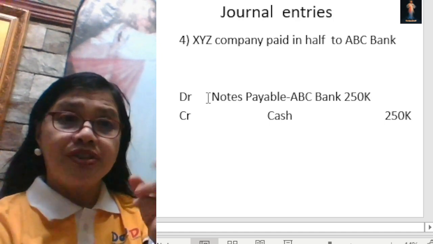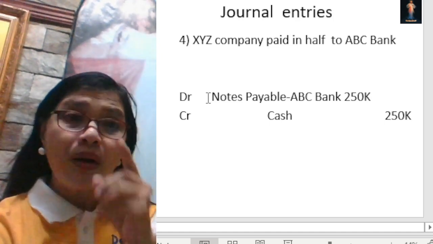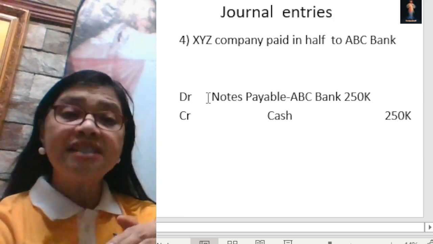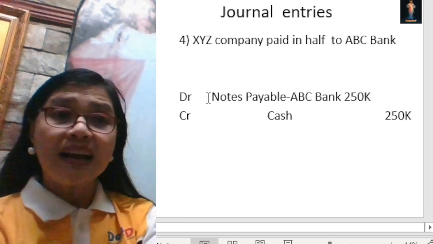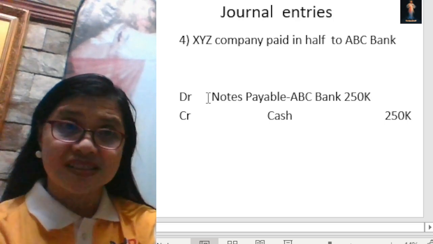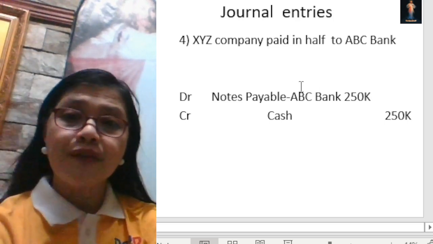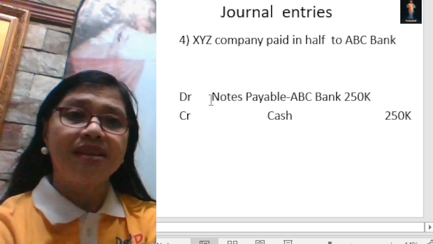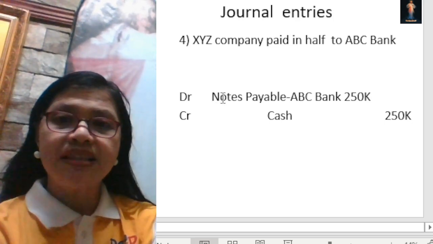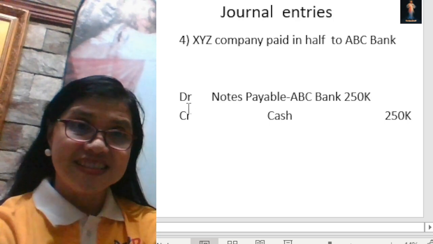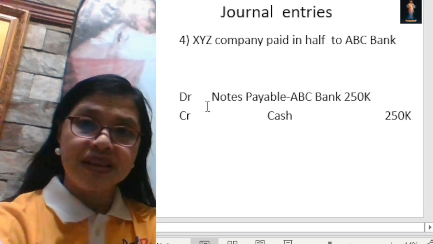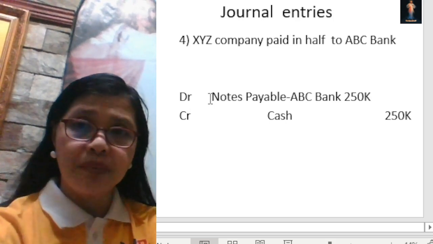May I ask you a question? When you pay to ABC Bank, what's the effect to your liability? Is it reduced or is it increased? Correct. It is reduced. You will pay to the bank half of your liability. So the effect is you will reduce your liability by debiting it, or doing the opposite of credit through a debit. So you debit the notes payable.